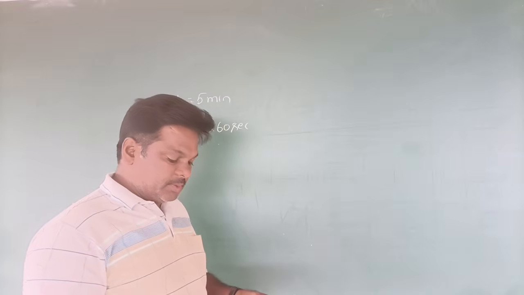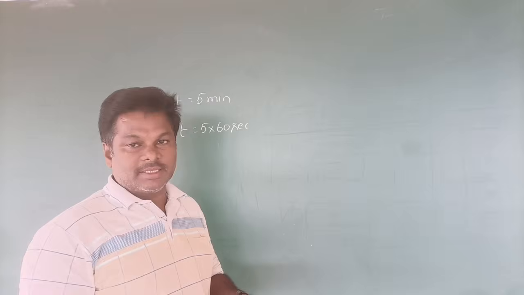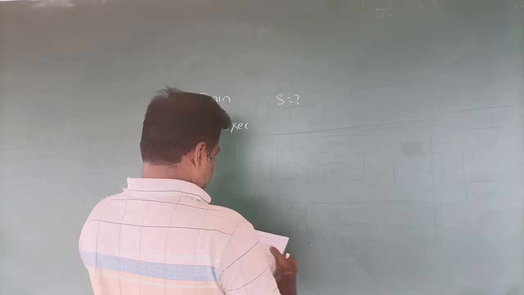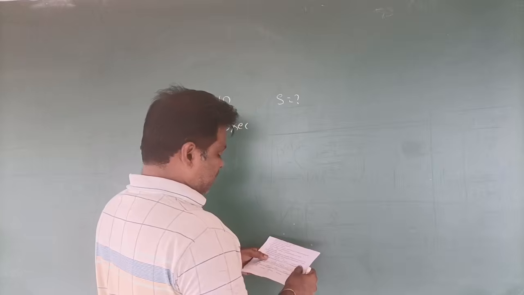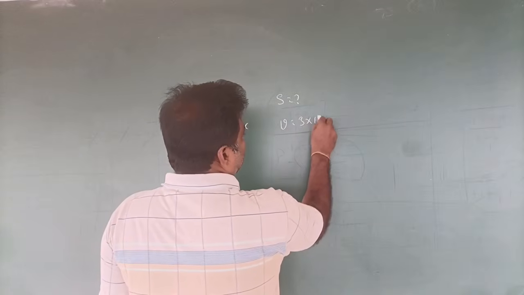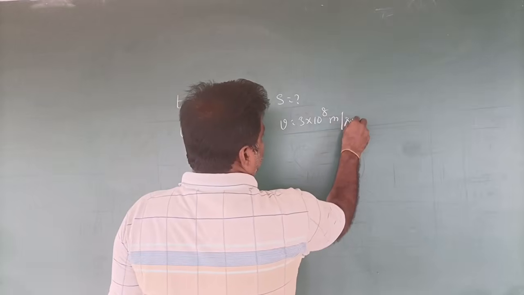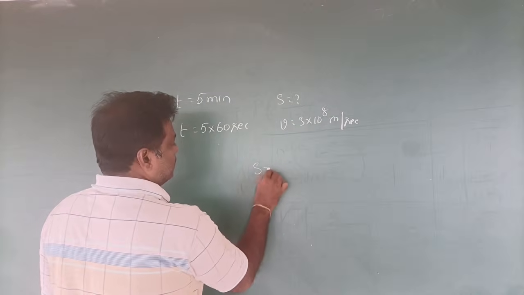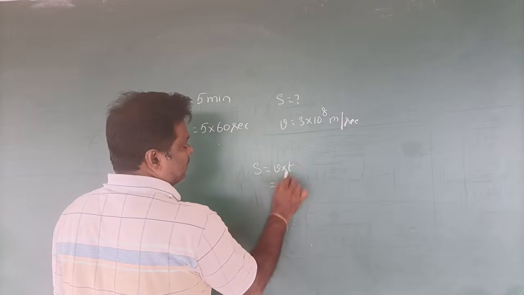What was the distance of the spaceship from the ground station? He is asking for distance, and the speed of light is 3 into 10 to the power of 8 meter per second. By using the formula S is equal to velocity into time, you will get the answer.